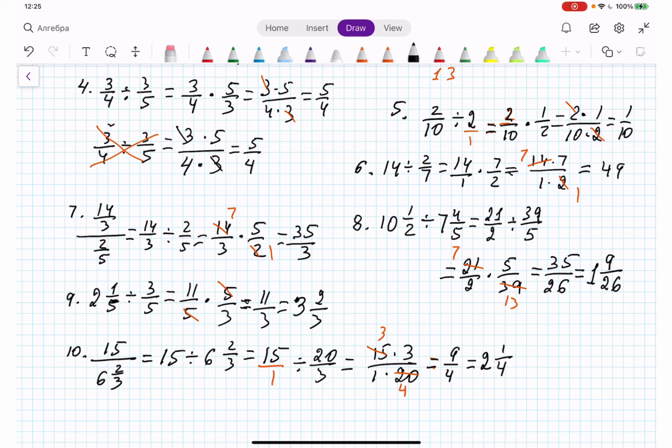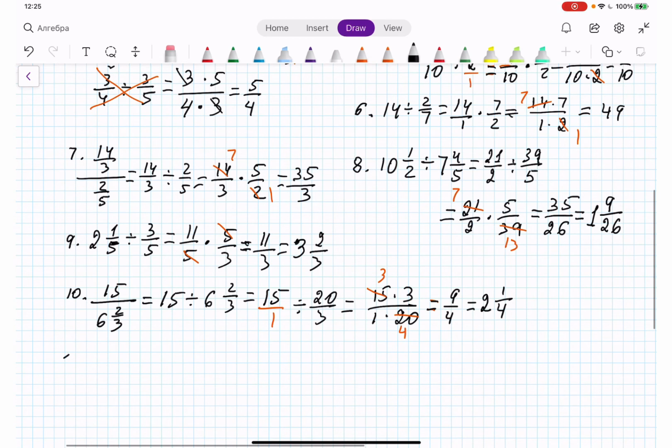Number 11. Okay. Number 11 is going to be, now we're going to multiply mixed fractions. 8 and 3/7 times 5 and 1/4.